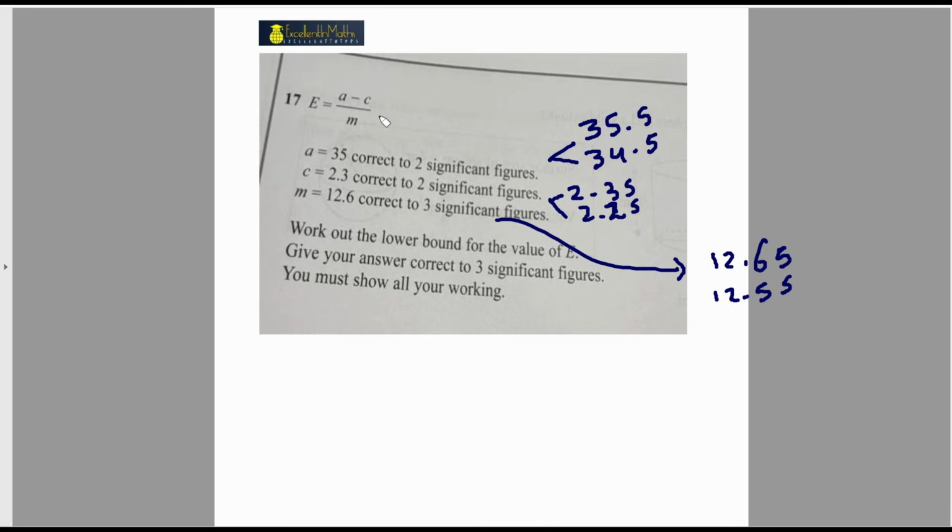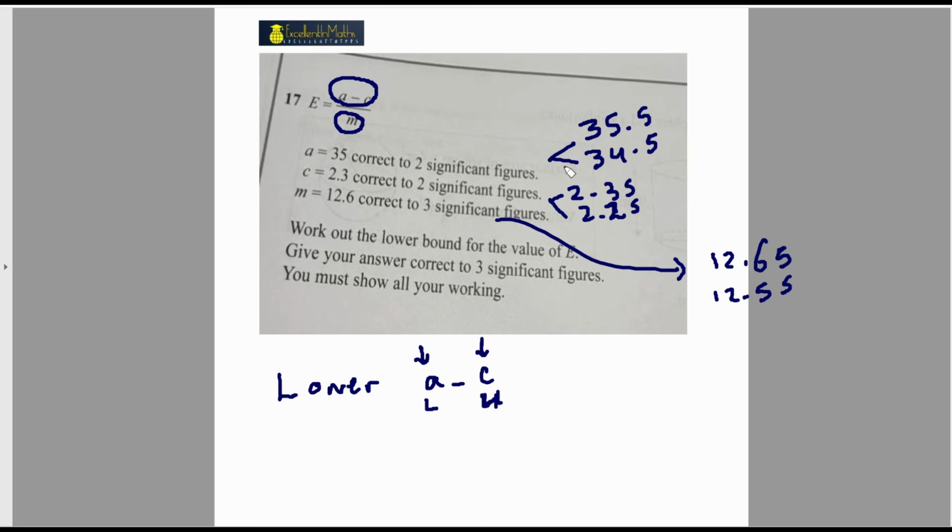Now he wants the lower bound for E. Lower bound for E means the lower of this divided by the upper of this. So I need to find the lower of A minus C, which means I need the lower of A and the upper of C, to find the lower of this calculation.